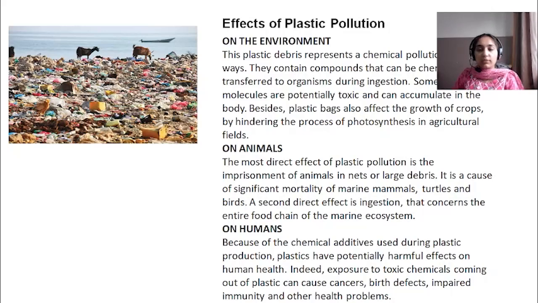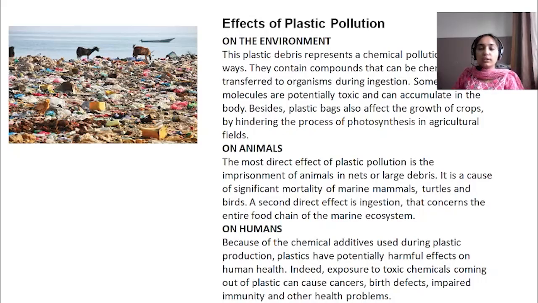On animals, its effects can also be seen when animals consume plastic material directly, and it enters into the food chain, which may cause severe effects to many living organisms.